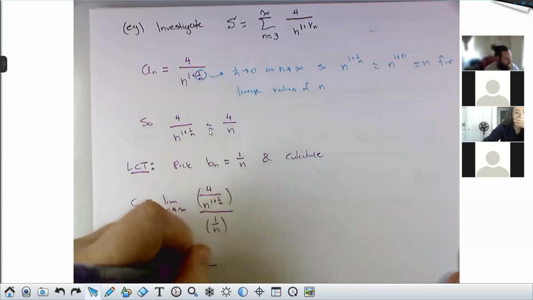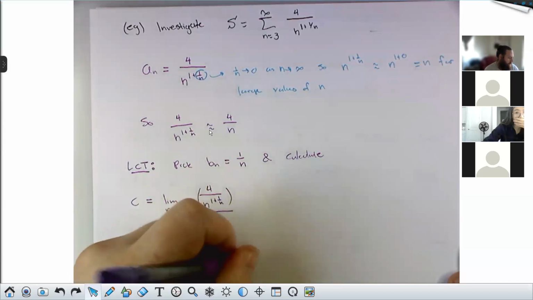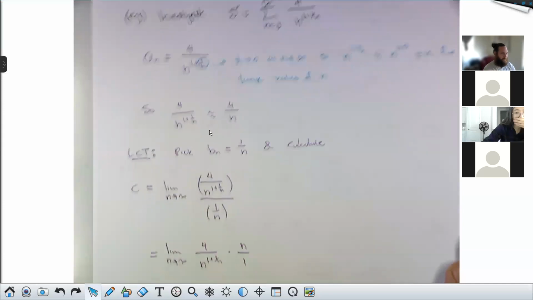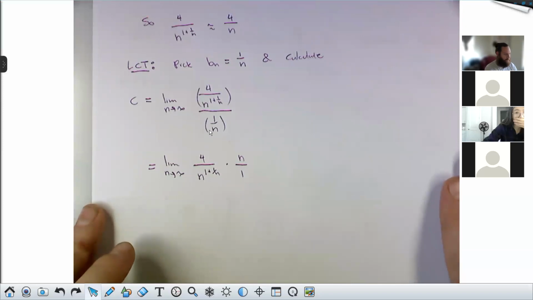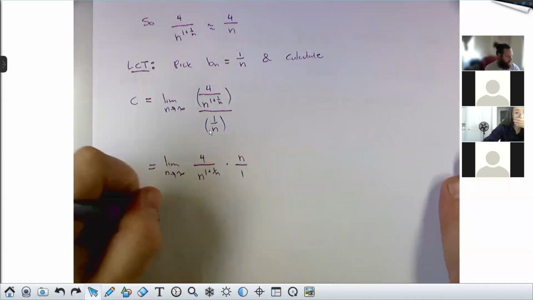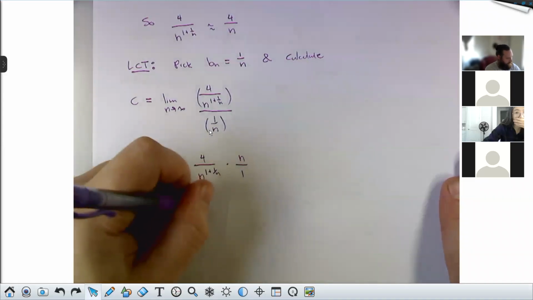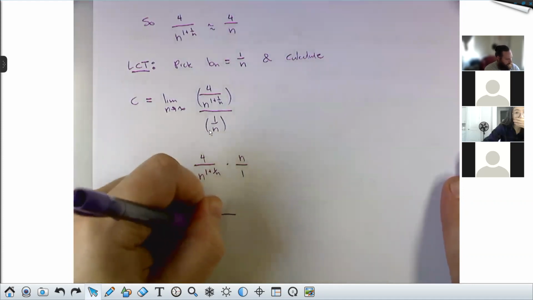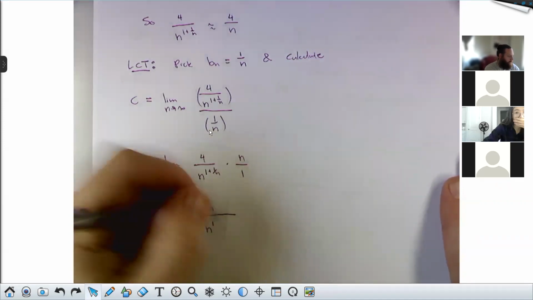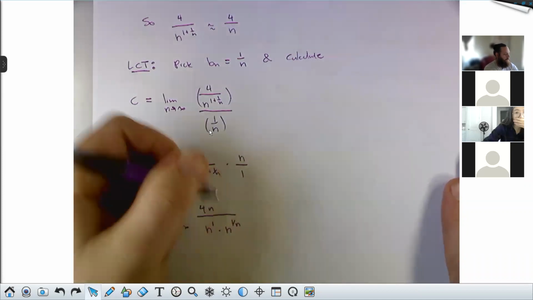That numerator stays the same, 4 over n to the 1 plus 1 over n, times n over 1. Which is the limit as n goes to infinity of 4n divided by, now downstairs, n to the 1 plus 1 over n, that's n to the 1 times n to the 1 over n.